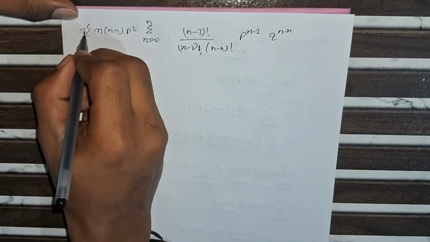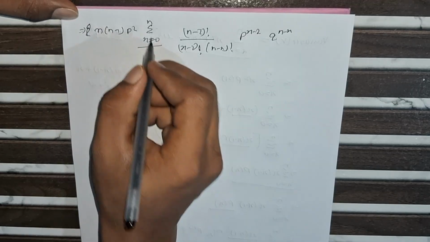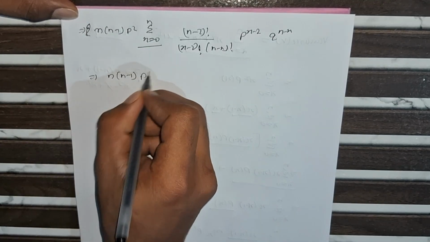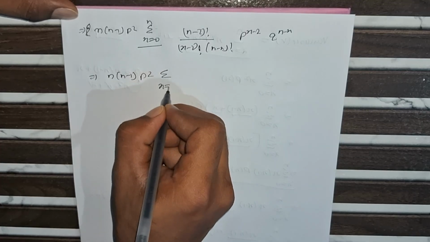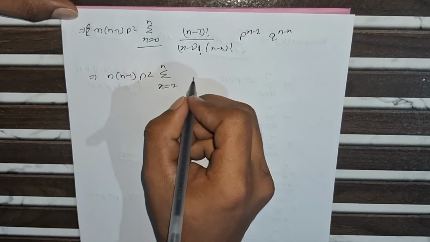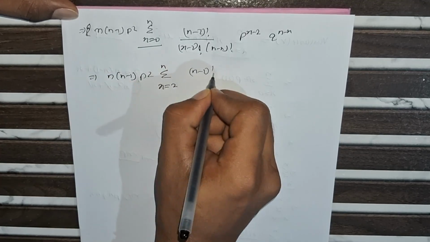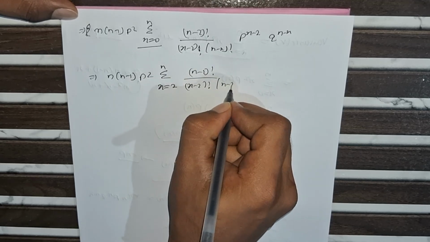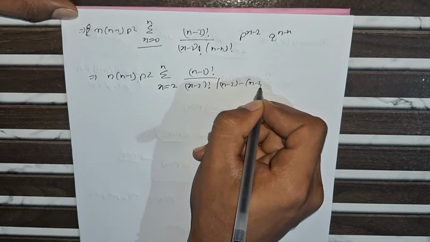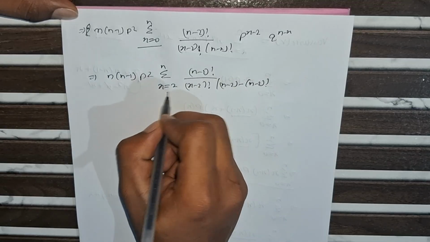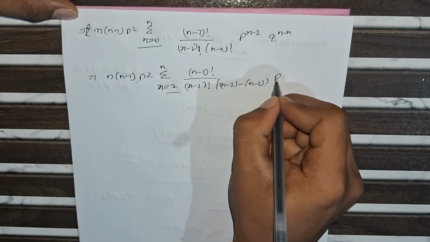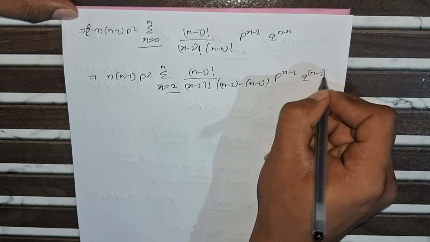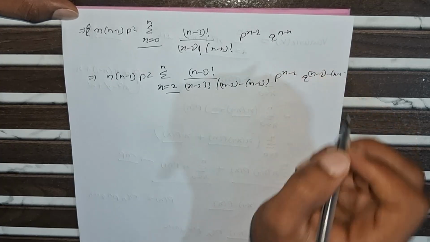Summation of x equals 0 to n. Like that n into n minus 1 p square, summation starting from x equals 2 to n, n minus 2 factorial, x minus 2 factorial, n minus 2 minus x minus 2 factorial, because our x starts from 2, like that p of x minus 2, q of n minus 2 minus x minus 2.